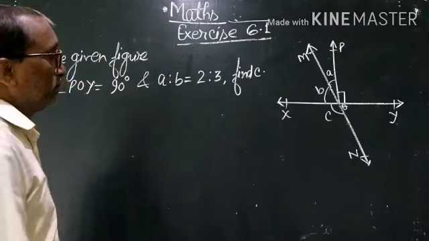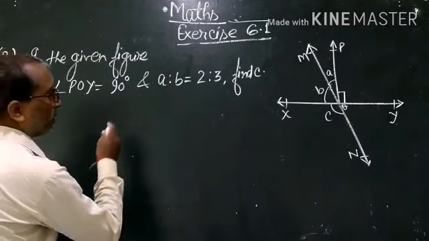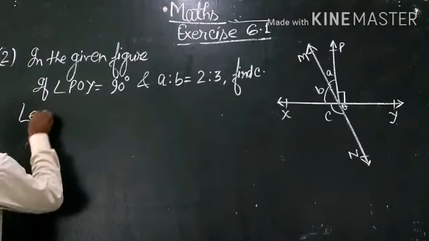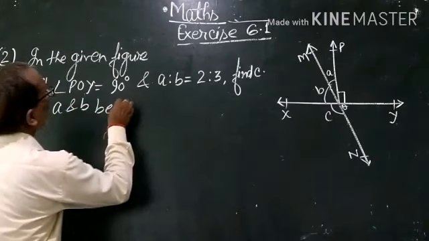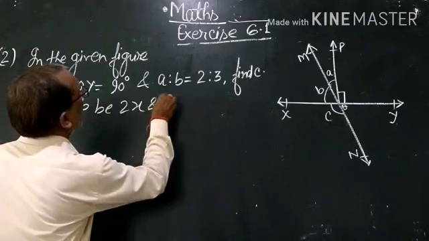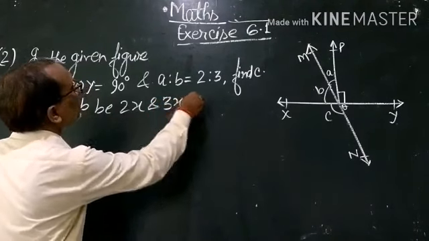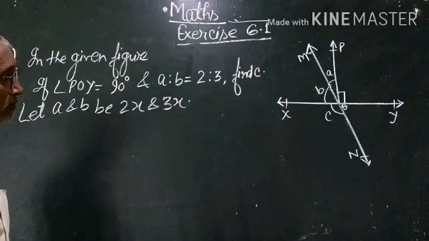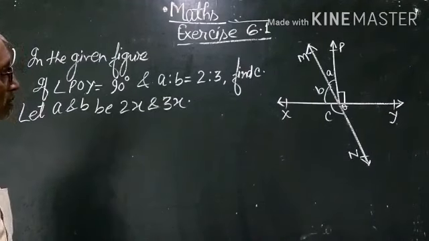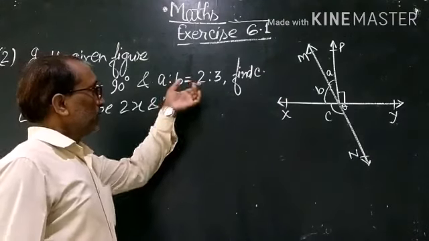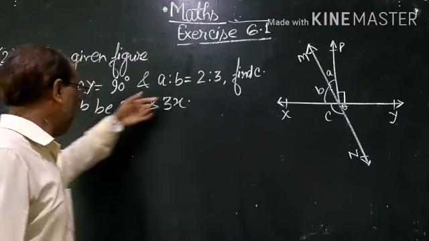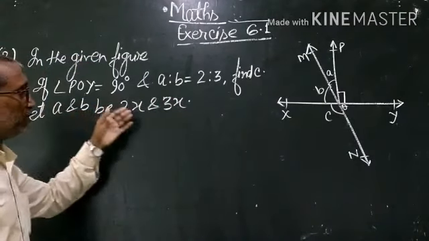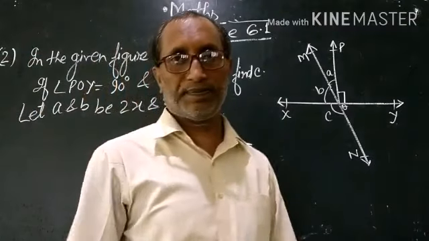First of all, I write here, let A and B be 2x and 3x. The ratio is given as 2:3, so I write here, let A and B be 2x and 3x.